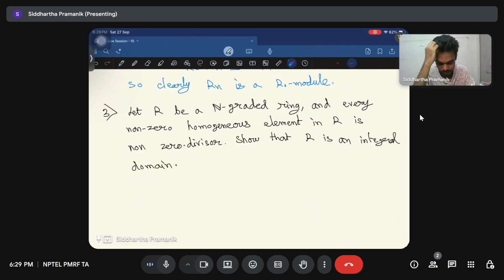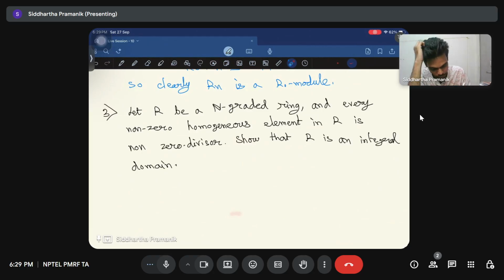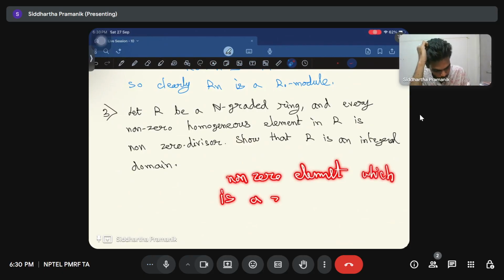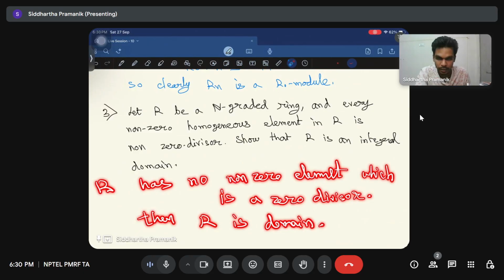So what does it say? In the case of an arbitrary ring, if R has no non-zero element which is a zero divisor, then R is a domain. That is the definition of an integral domain, right?